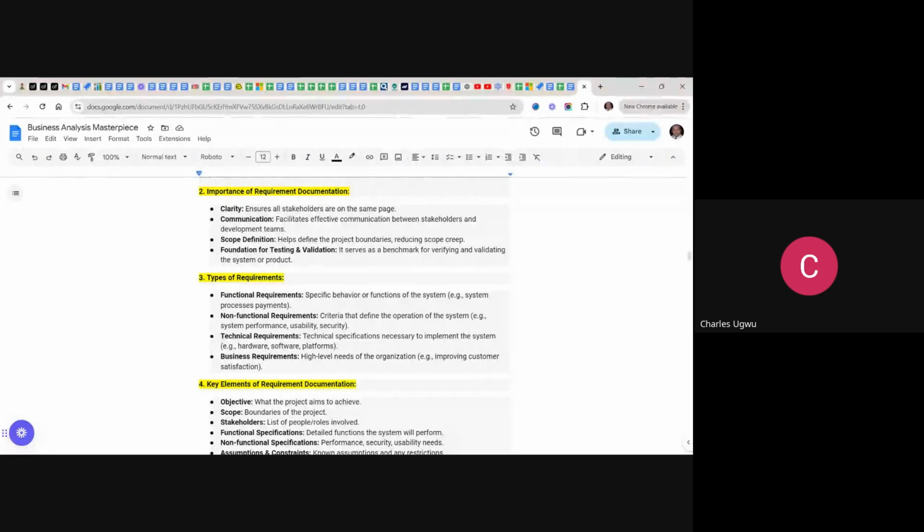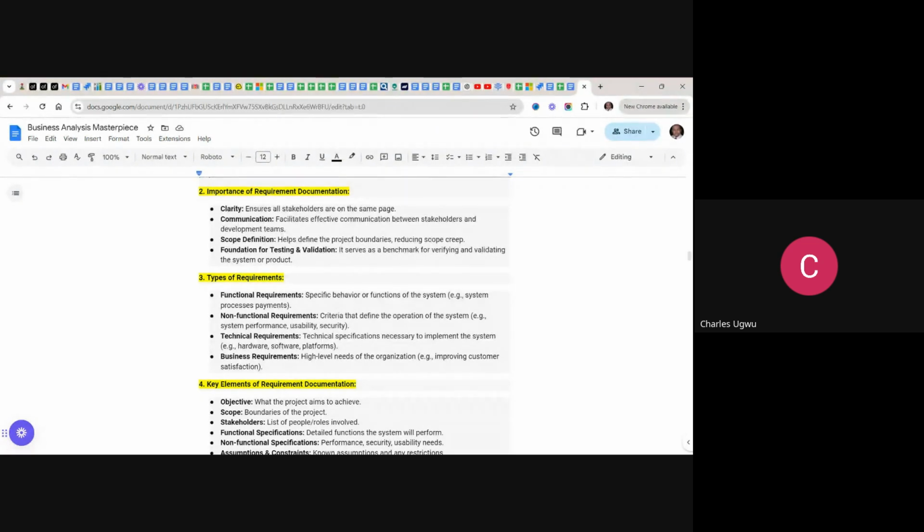When we are capturing requirements, we need to make sure we clearly understand the functional requirements, the non-functional requirements, and equally the technical requirements. Technical requirements come after capturing the functional and non-functional requirements. At that point, all these requirements are still within the business, so we still call them business requirements.